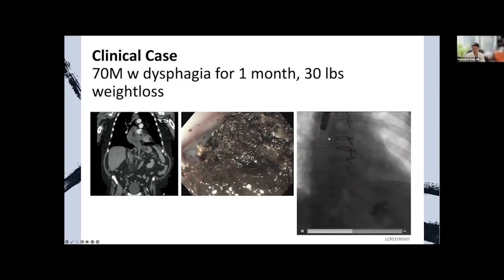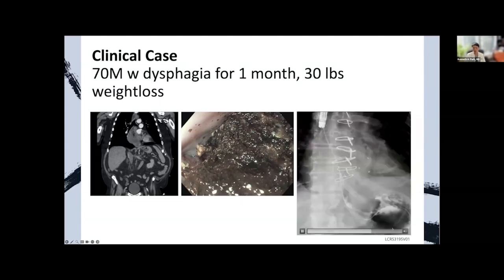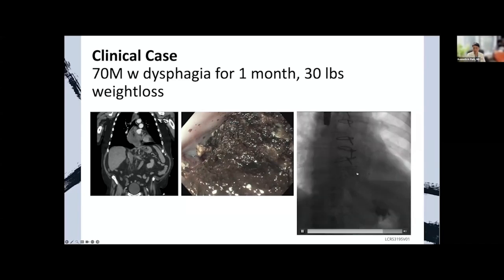Here we were able to get a wire down, and we insufflated with some CO2 to get some gastric bubbles, so we can get a better angle and understanding of where things are. Then we were able to put a stiff wire and place a small stent, an 18 millimeter by 15 centimeter fully covered metal stent.